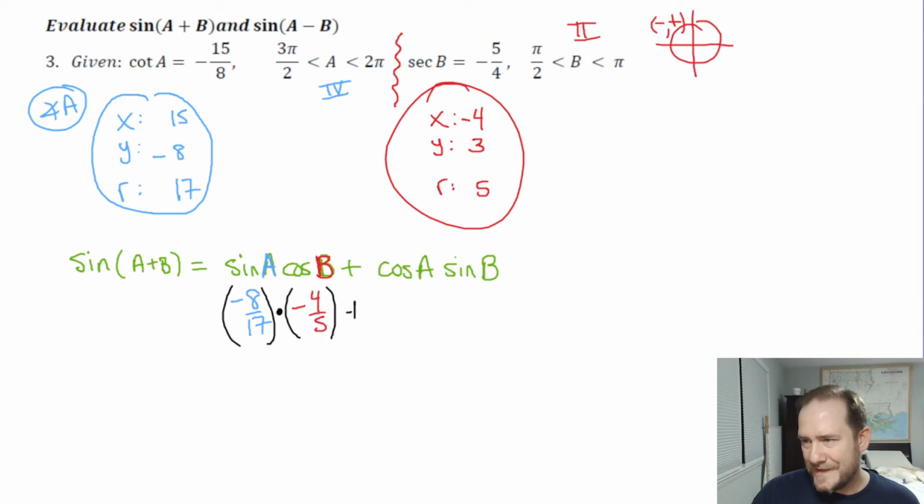Now we're going to add to that. We're back to an A, so you're focused on these blue values from angle A, and the cosine is x over r, so it's positive 15/17. And then we're back to red. We're doing B again. We want the sine, so it's positive 3/5. But there's everything.